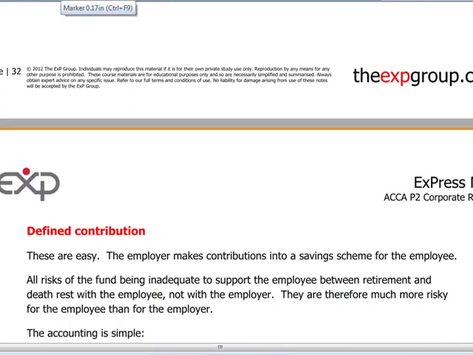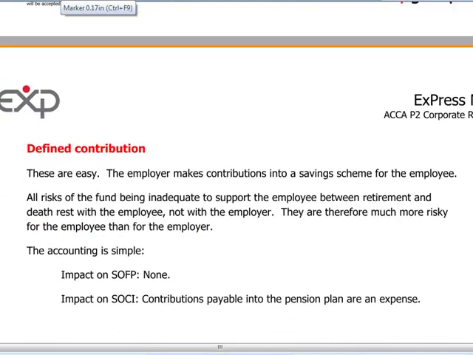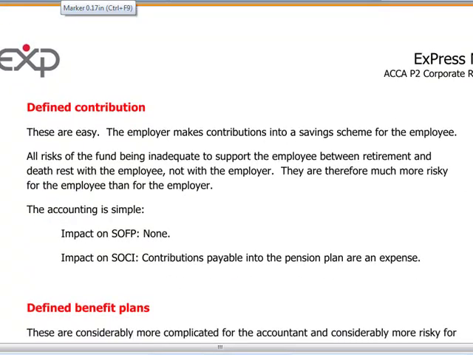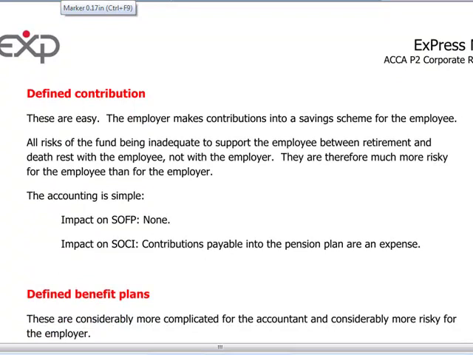Let's see how a defined contribution and then a defined benefit plan is accounted for. A defined contribution plan is fairly easy. The employer is just making a promise to make a contribution on behalf of the employee to a certain pension fund. All the risk that this fund is inadequate to support the employee between retirement and death rests with the employee and therefore not with the employer.